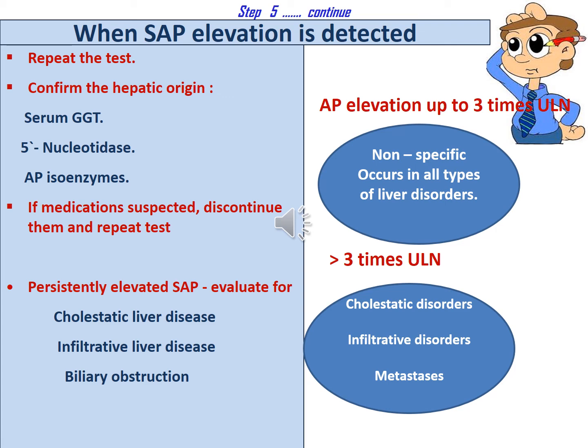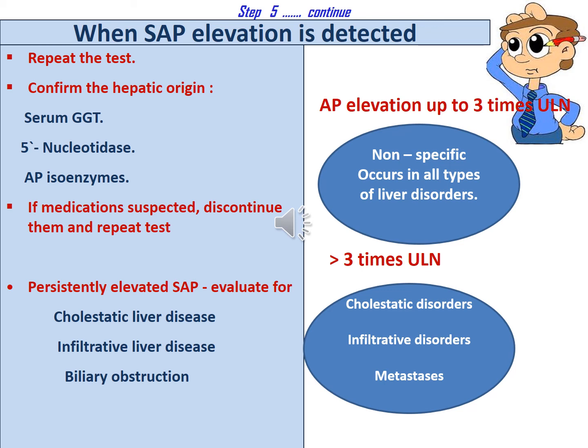Or you can ask, if available in the lab, which alkaline phosphatase isoenzyme it is, hepatic or extrahepatic. But usually, if the rise in alkaline phosphatase is not associated with a rise in 5-nucleotidase or gamma GT, this is of extrahepatic origin. If these two companions are also raised, this confirms hepatic origin.